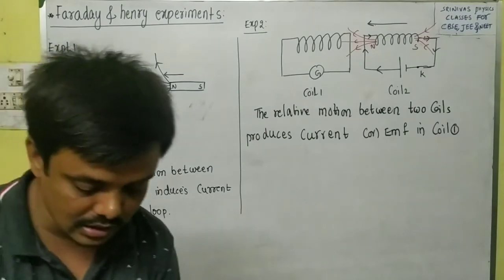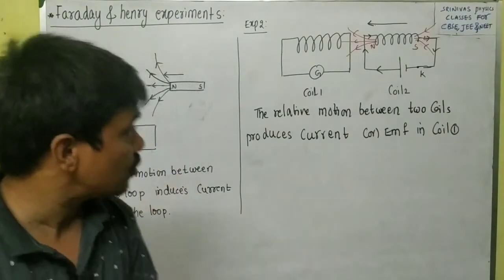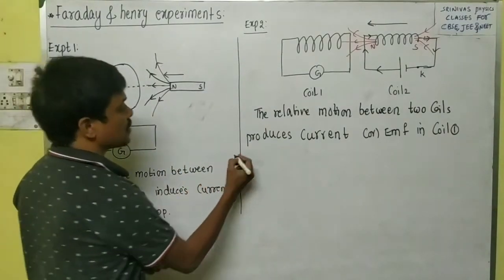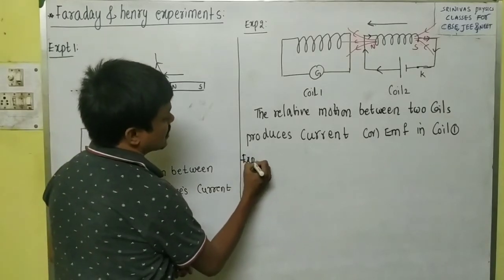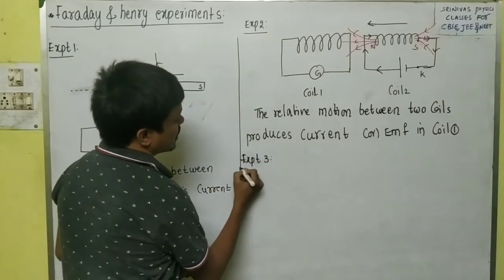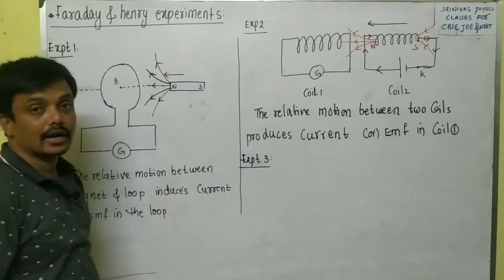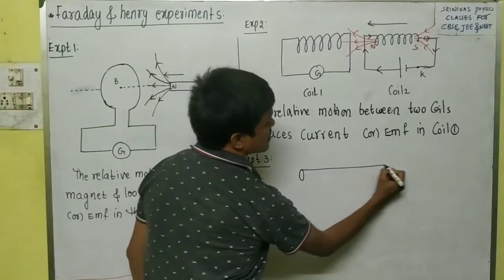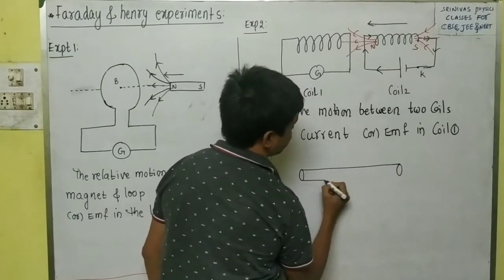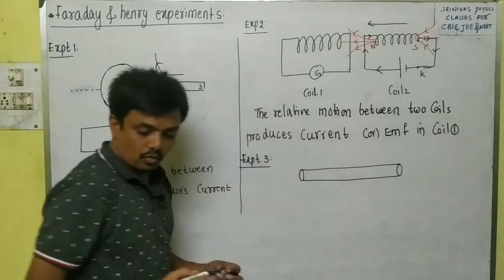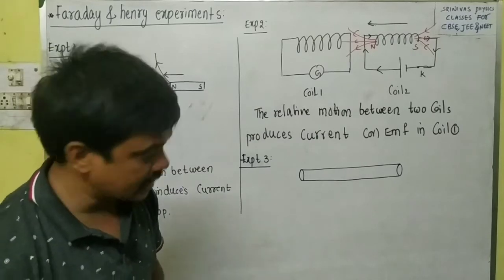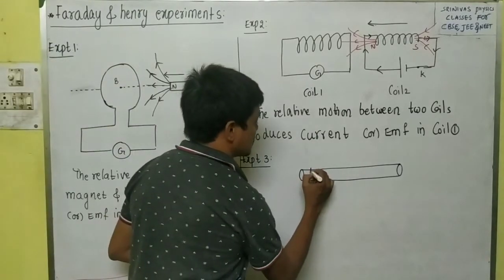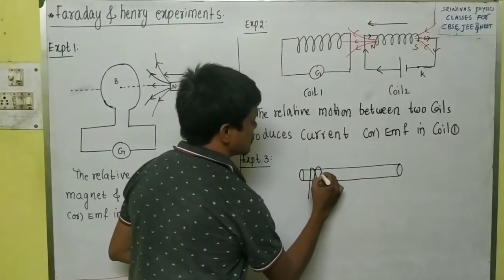Right? And next, let us go for one more experiment, that is experiment 3, done by the great scientists Faraday and Henry. What is that? Let us see. They took it like this. This is some soft iron or anything. And here one insulated wire, an insulated coil, is wound like this.